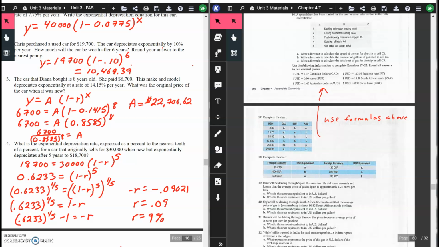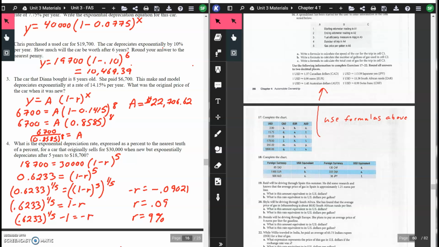So what you want to do here is divide both sides by 30,000. On the right side you have 1 minus r to the 5th power still. And on the left side, once you divide 18,700 by 30,000, it gives you 0.6233. Then in order to get rid of a power, you multiply by the reciprocal.